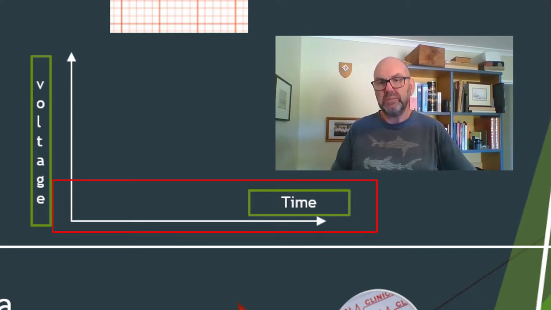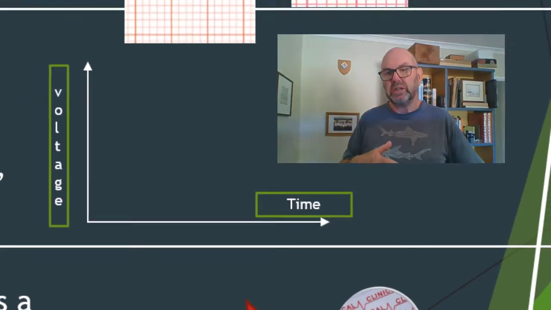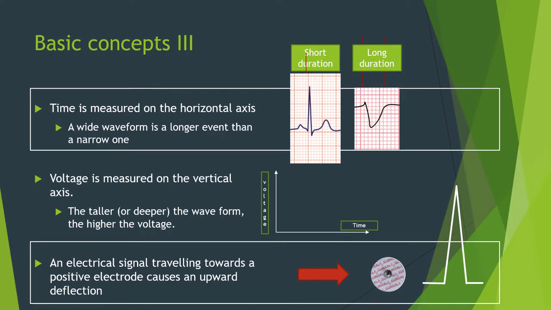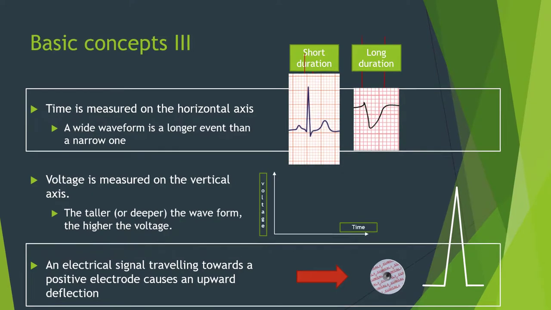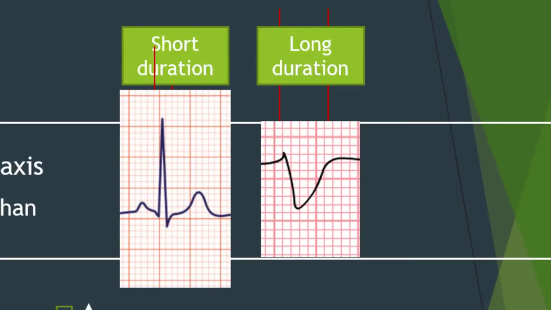It's normally 25 millimeters per second. So the divisions on the horizontal axis give us a very accurate indication of how much time any waveform or event has taken to complete. I'll go more into this in a few seconds, but any waveform that has a very wide appearance is likely to be because it's a longer duration, and therefore one that has a very narrow appearance will have a relatively short duration.